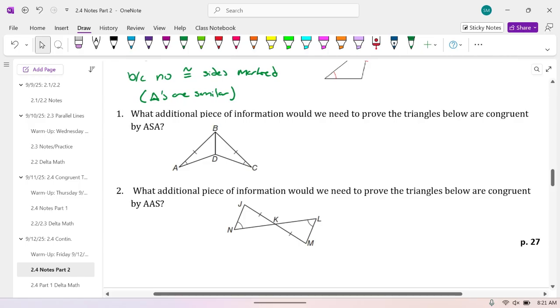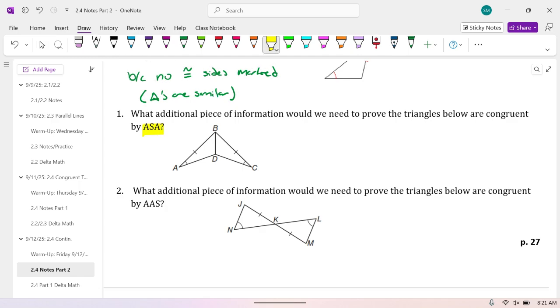So, for number 1 here, given the additional piece of information, given these 2 triangles, we're trying to prove it by ASA. So, angle, side, angle. What do I need in order to prove it's congruent by angle, side, angle? What else needs to be marked?